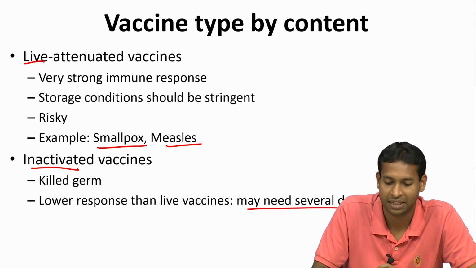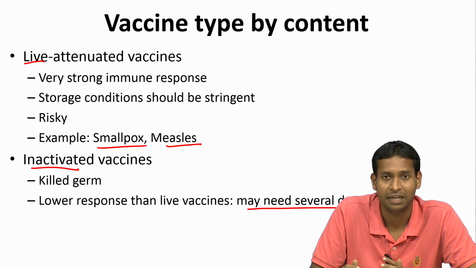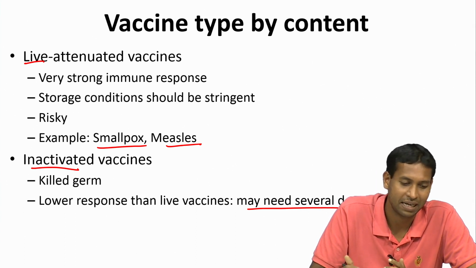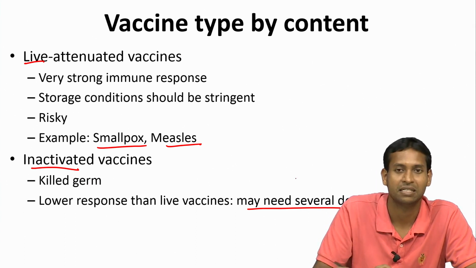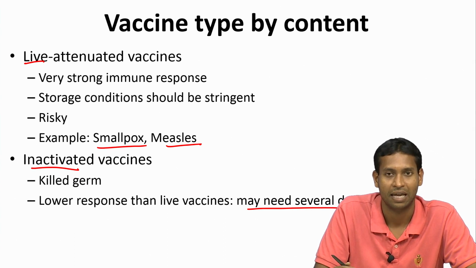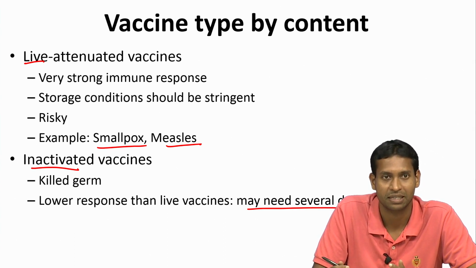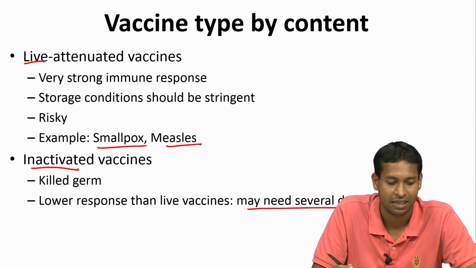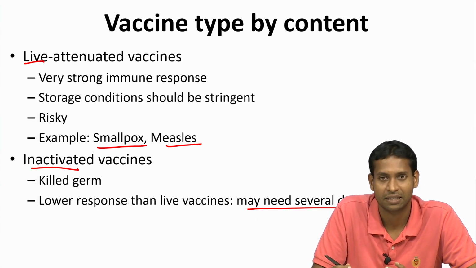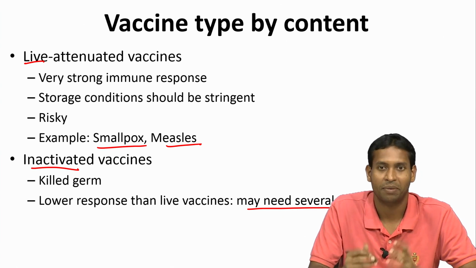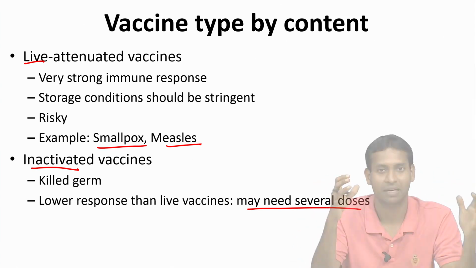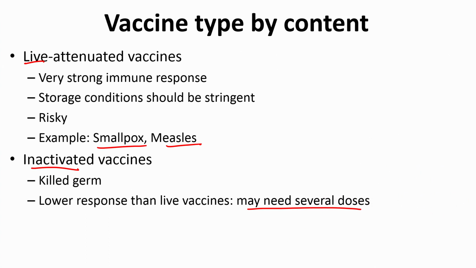That is needed because, unlike live attenuated vaccines, these vaccines are not as effective in generating an immune response, and the whole reason for that is that they are not alive. They are not replicating or performing various functions that the immune system can see and target. These are killed germs, so they are just lying there.